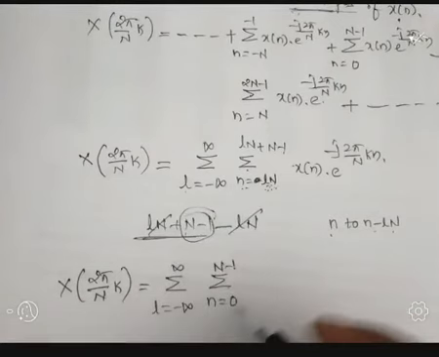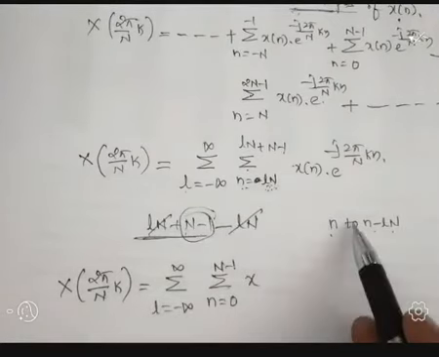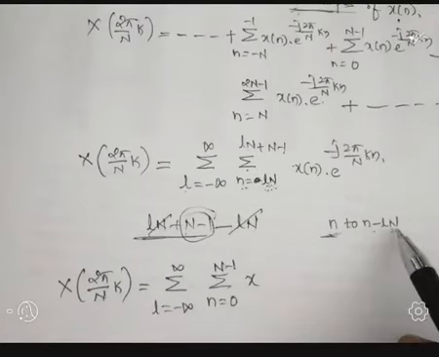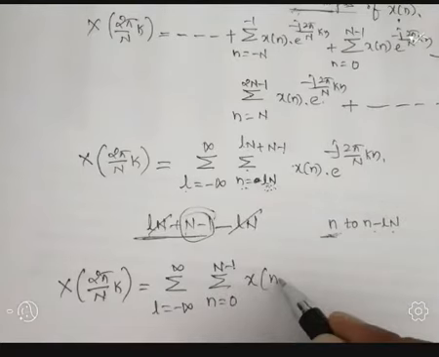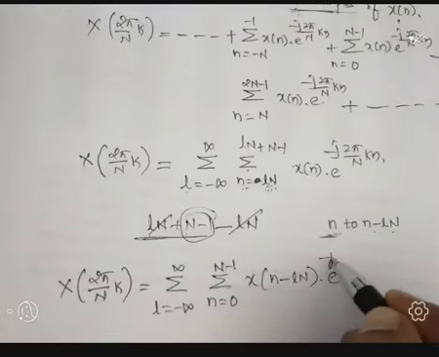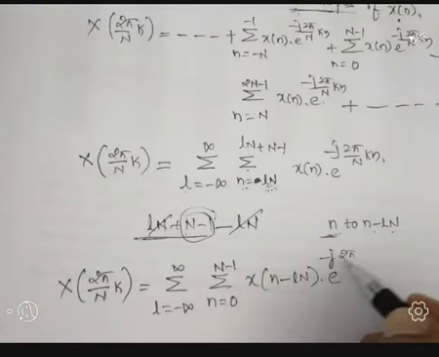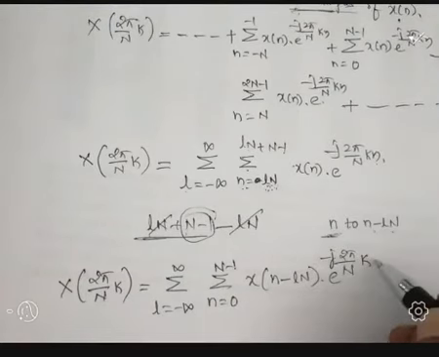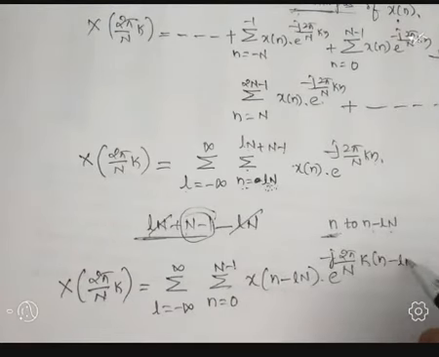Okay, it means n is replaced by n minus l into capital N. So here n is there, that one I am writing as n minus l into capital N, e to the power minus j 2 pi by N into k. Once again n is there, so that one I am writing n minus lN.